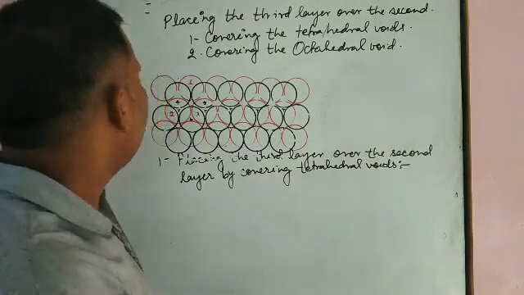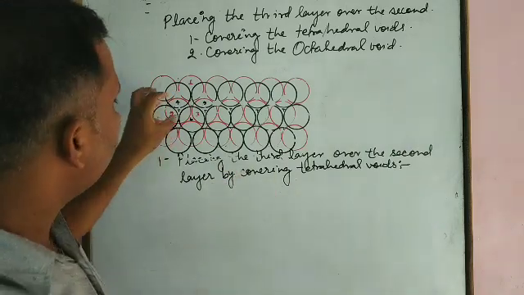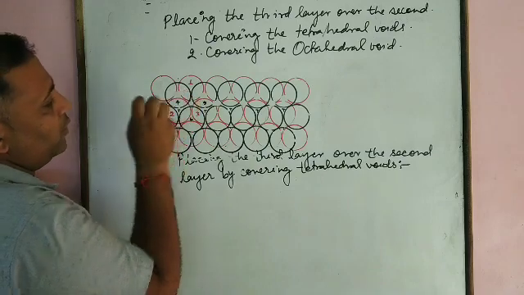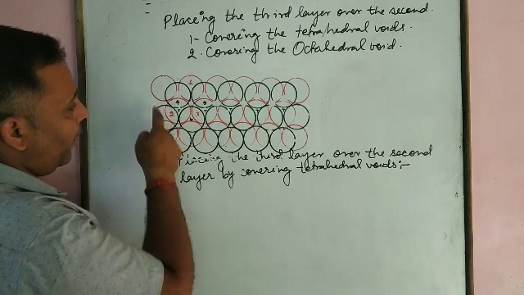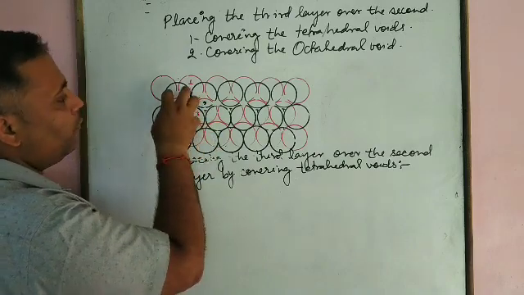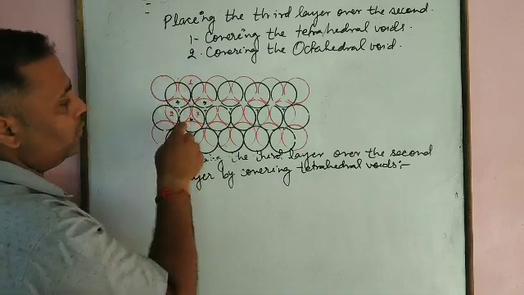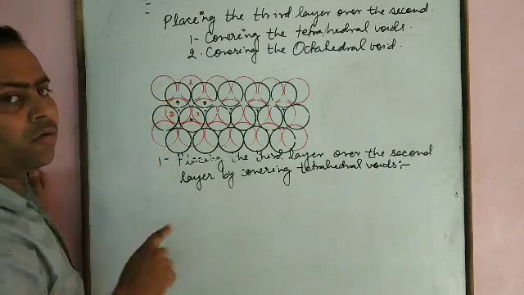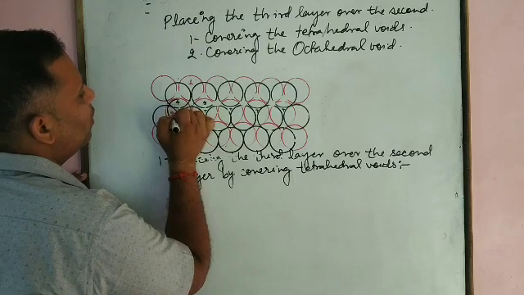If we place a sphere covering the tetrahedral voids, let us see. The red one is the first layer, the black one is the second layer. If you place the next sphere of the third layer over it, then what do we get? We get that it is aligned to that of the first layer.